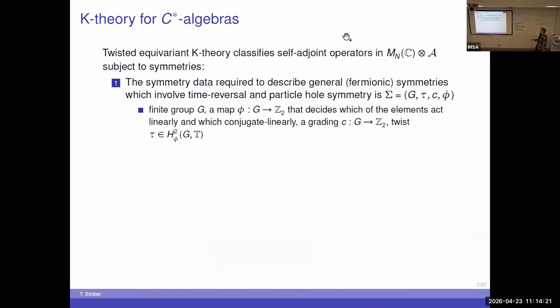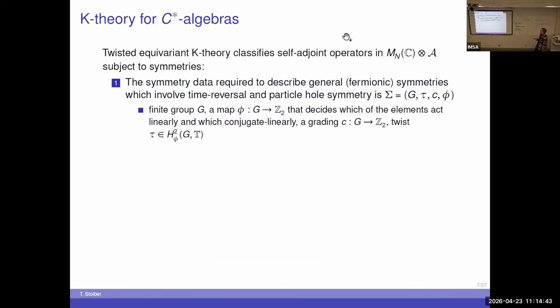So the second problem is that we need symmetry. And in particular, we need a very specific symmetry. In terms of K-theory, what we're supposed to use is twisted equivariant K-theory, which is a very, very complicated theory, unfortunately.